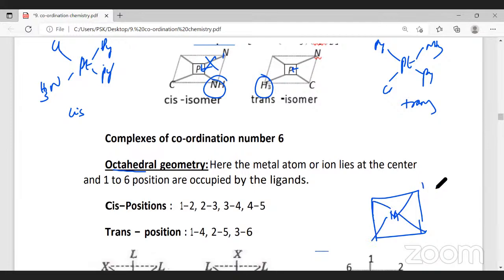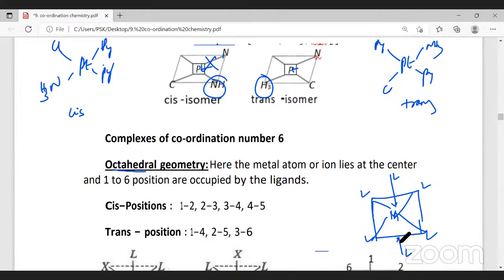In octahedral geometry, starting from the square planar arrangement, one ligand will be above the plane and another ligand below the plane. Then this geometry is called octahedral geometry. Can you visualize? Yes. You have a notebook, 4 corners, 4 ligands, center metal, one ligand above and one ligand below.